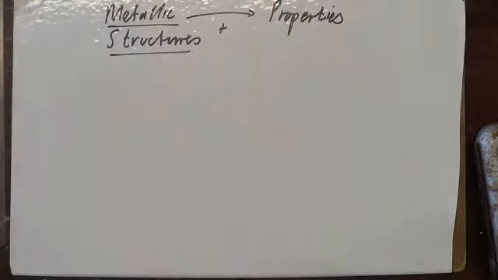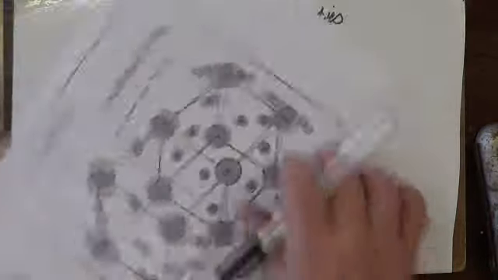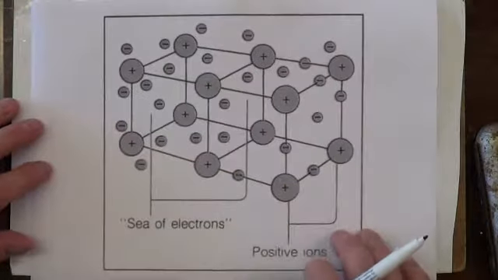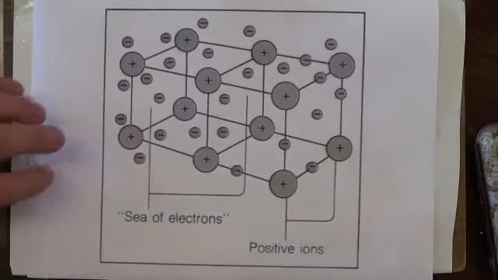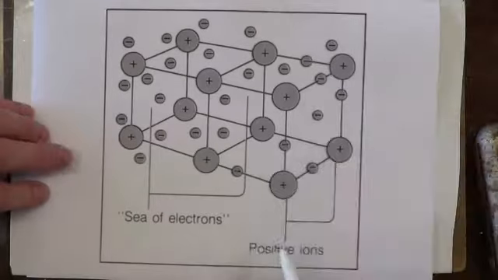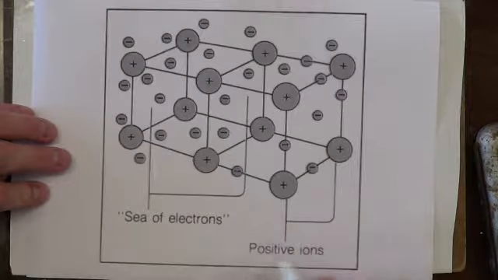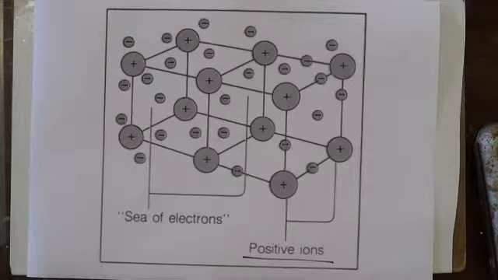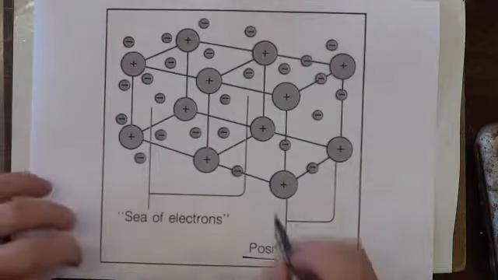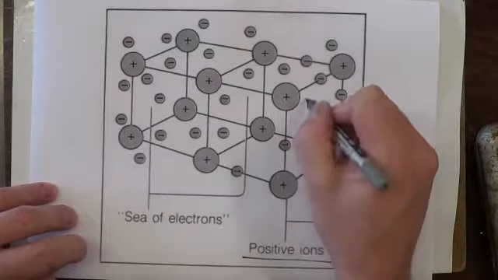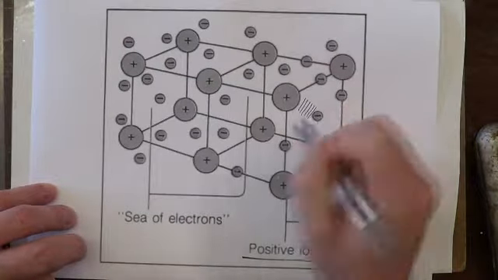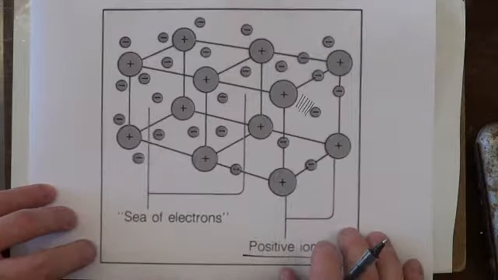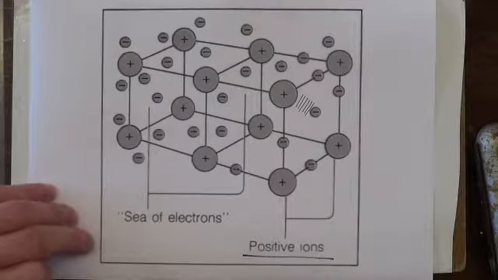Now let's have a look at a metal's ability to conduct electricity. This is a fairly typical diagram of a metal. We have our positive cations here, our positive metallic ions, and then the sea of delocalized electrons around them. Remember, the attraction that holds a metal together, the glue if you like, or the bond, is the electrostatic attraction between the positive ion and the delocalized electron.